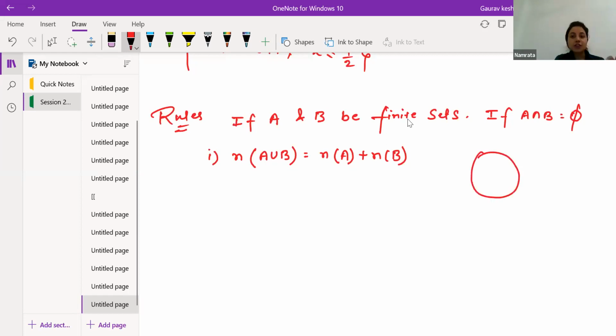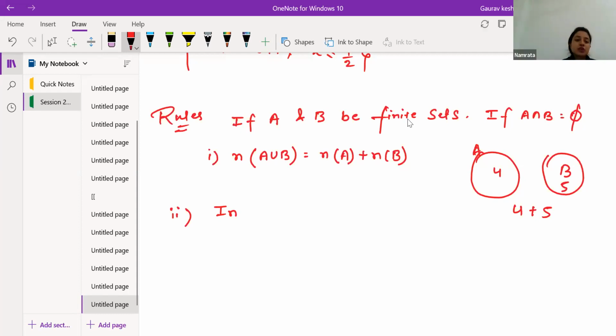Set A is there having 4 elements, set B is there having 5 elements. The number of elements in A union B will be just the addition of these two. All right. Now the next rule says that in general, if there is a common element, if there is a common object in set A and B, then the rule will be different.